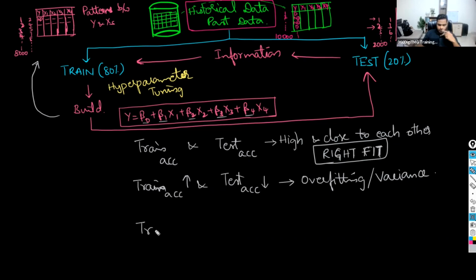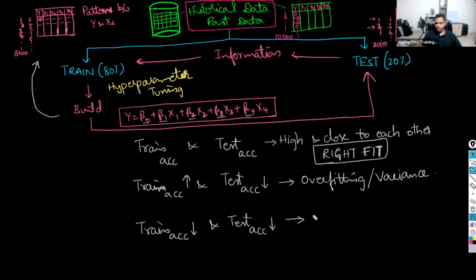Another thing. If you get less training accuracy, that means you prepared on your sample papers, but when you took your exams on the sample papers, you didn't do well. If you did not do well on the sample papers themselves, then how would you do well in the main exam? So when you test on the test data, test accuracy also will be less.